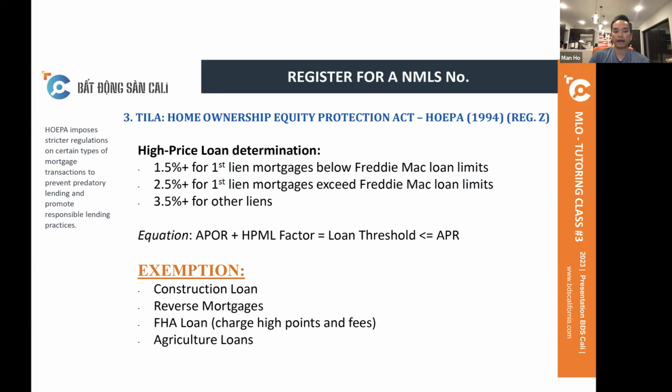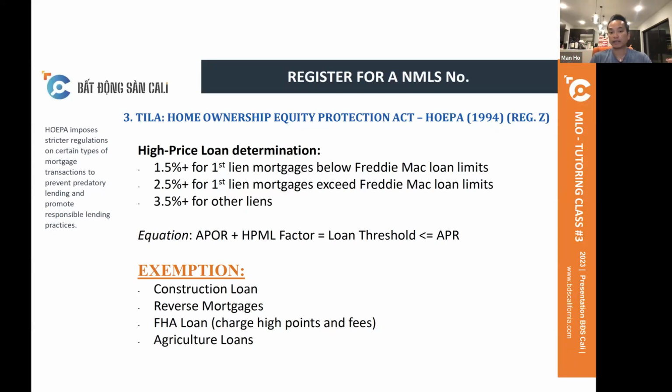Okay, 3.5 for other liens, meaning not only the first lien but the second lien. Sometimes when you purchase a home, you may need two loans to be able to purchase it. The first lien is the first mortgage that you may borrow, $400,000, and then in order to buy this property, maybe you need an additional $50,000. So you borrow a second loan, a second mortgage, or the second lien.